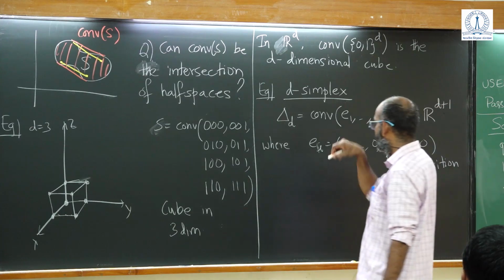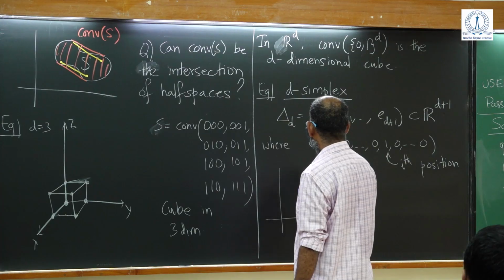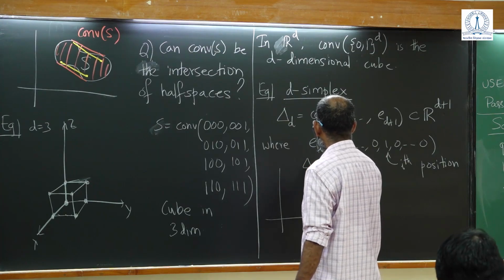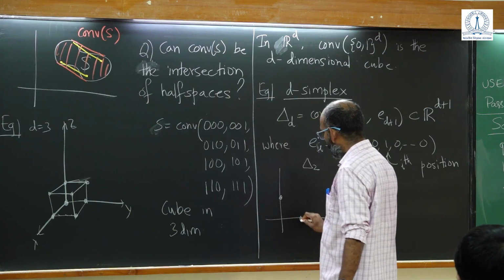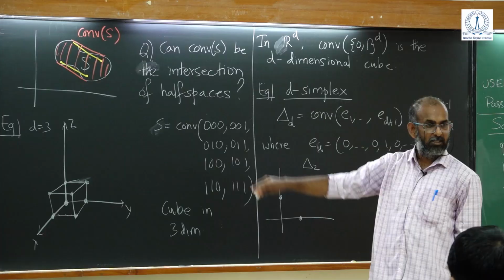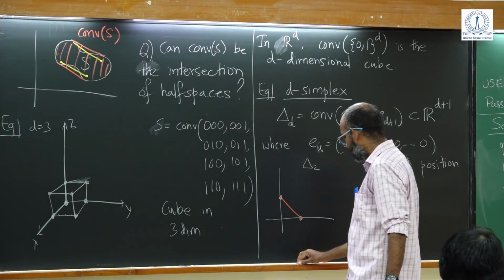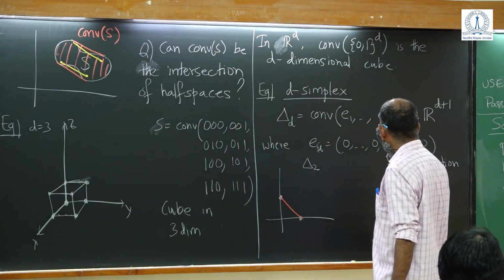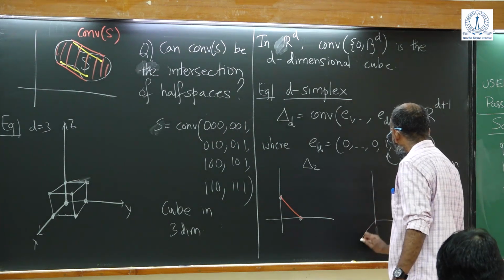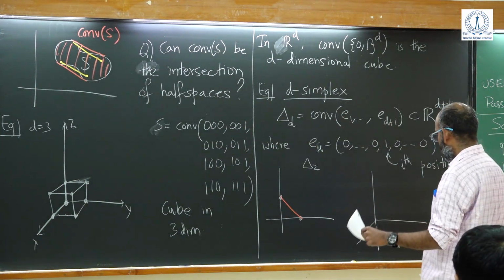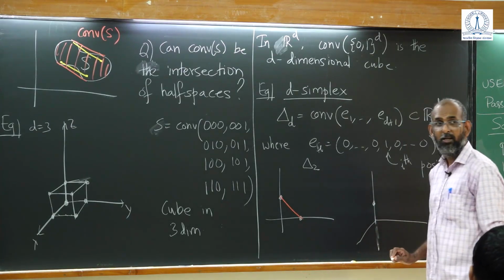Okay, so what does delta 2 look like? You take E1 and E2, and you take their convex hull just like we did before, and you get the line.